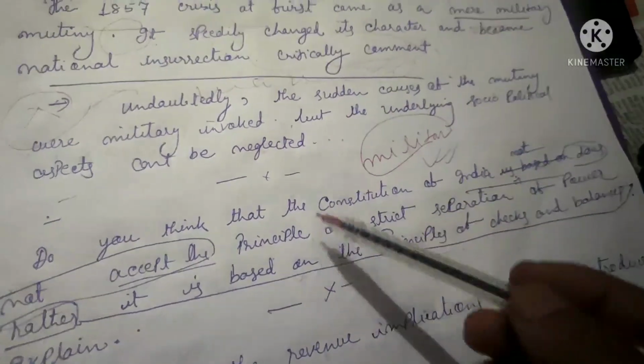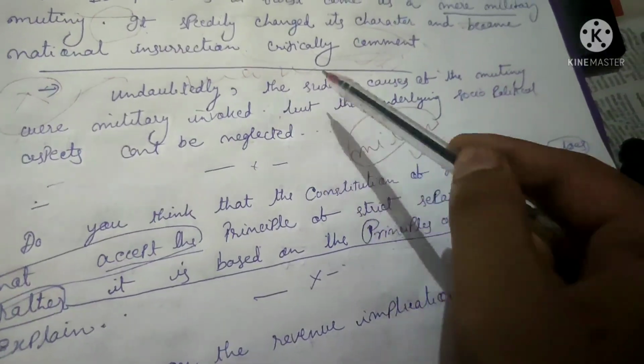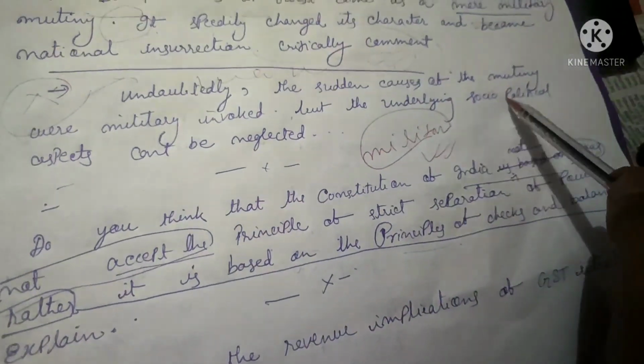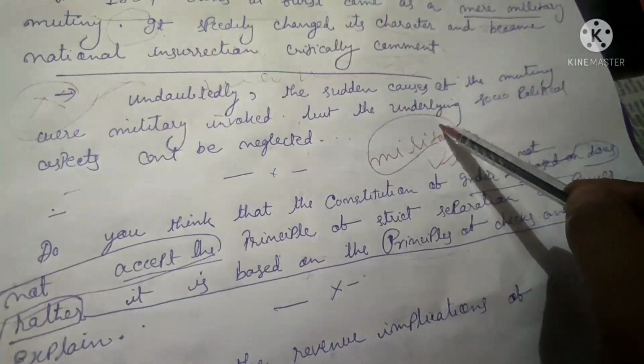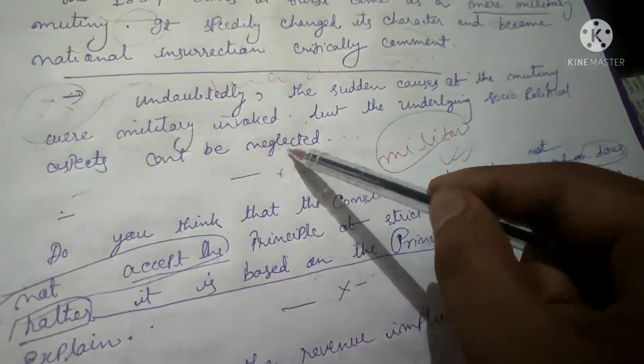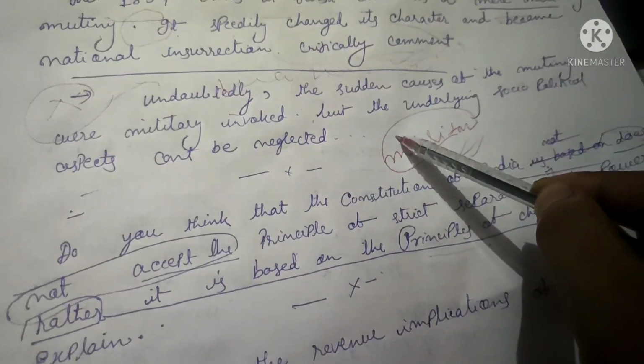Here you can write that undoubtedly the sudden causes of the mutiny were military-invoked, but the underlying socio-political aspects cannot be neglected. Got it?